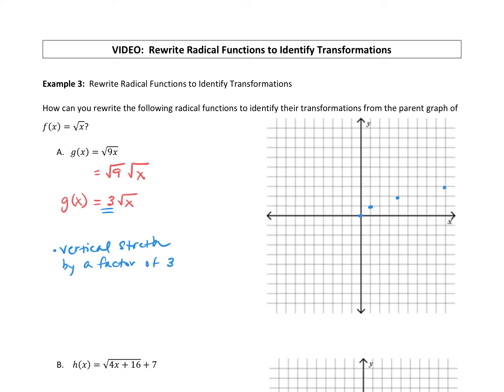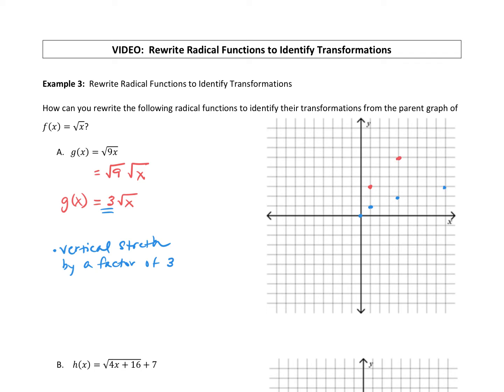So the distance that is 1 away, 1 times 3 is 3, so we're going to go up 3 on that same vertical line, 1, 2, 3. There's our new point. Now this next one is 2 away from the x-axis, so 2 times 3 is 6, so we're going to go up 6, 1, 2, 3, 4, 5, 6, and plot our point right there.